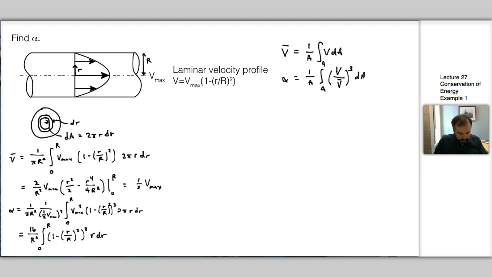It's not entirely straightforward. In fact, that integral is a little bit hairy, and so instead of going through the entire derivation, the entire integral, what I'm going to do is do a change of variables.